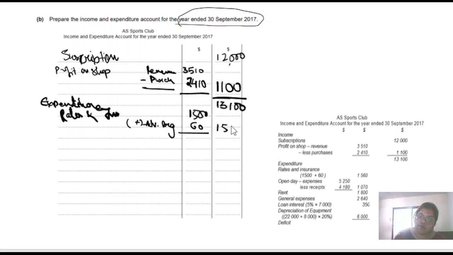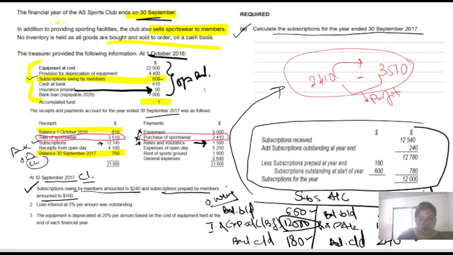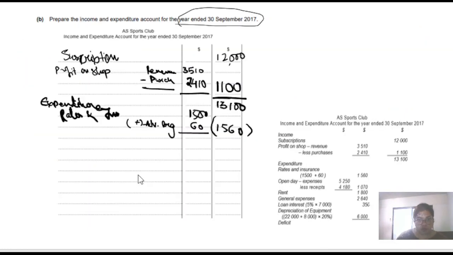That is your 1560. Okay, because this is an expense, we have to deduct it. After that, we are having expense on open day, but here a receipt of open day is also given to us, so we have to deduct this, 5250 minus 4180, and then whatever amount we are having, we have to transfer it in our income and expenditure account.